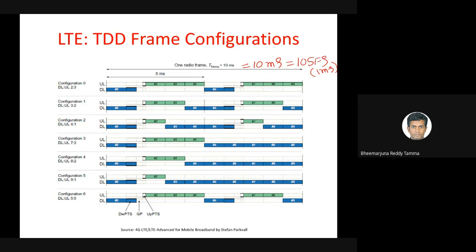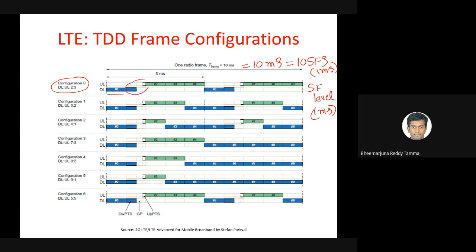Here, the illustration that you see, I am talking about things at the subframe level. I'm not talking at the slot level. I'm not talking at the symbol level. I'm showing the things at the subframe level. In other words, at every 1 millisecond. If you look at the case of configuration 0, out of the 10 subframes, the first one is for downlink.